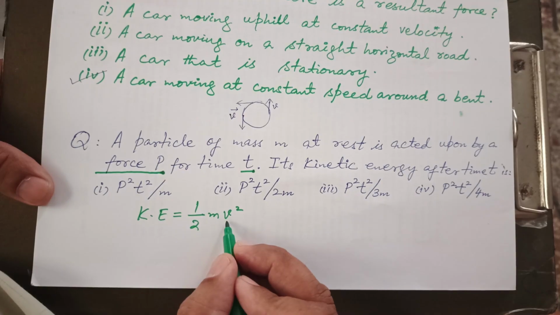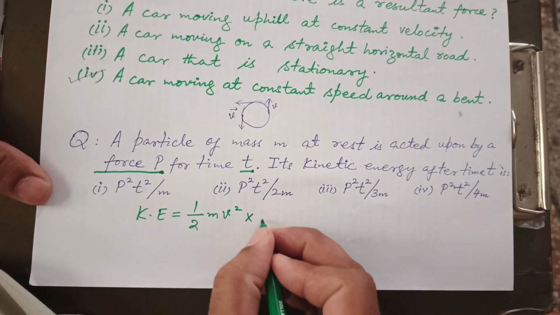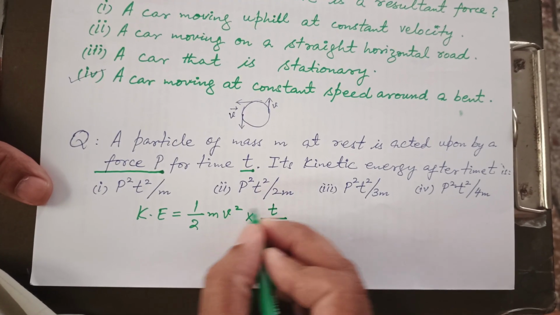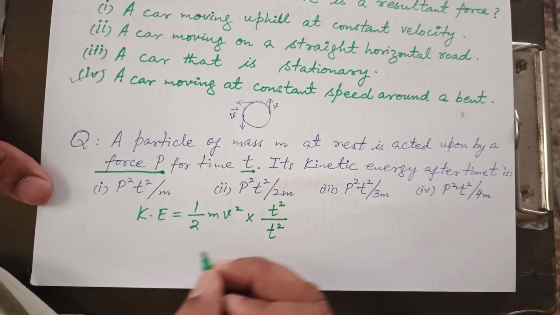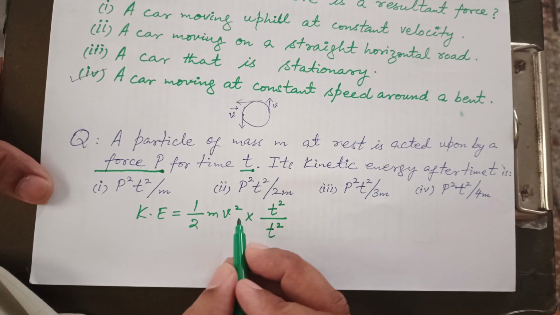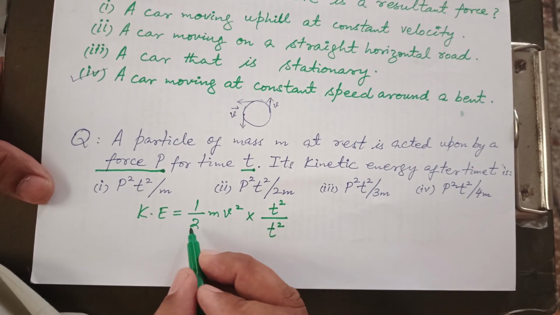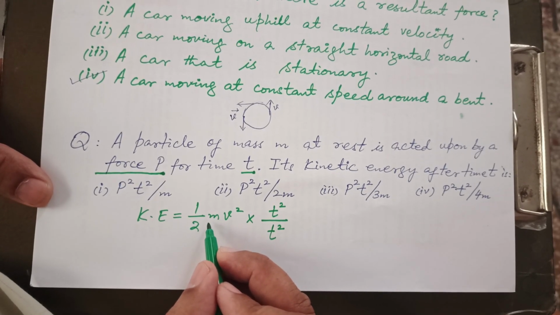So how can we shift this v to a? By multiplying and dividing by t, time. As it is given in v square, we have to do it in the t square format. Now when it comes as a square, then this m should also be in the form of m square.